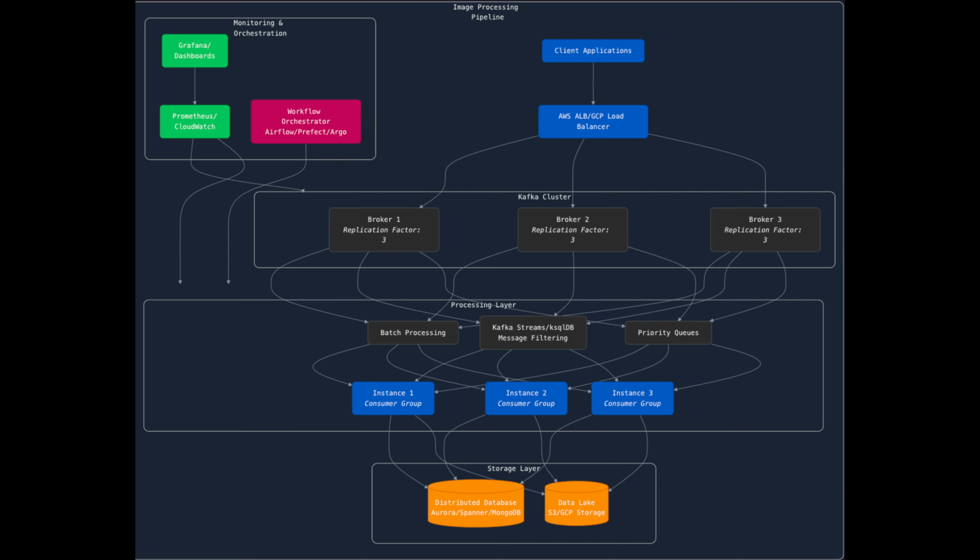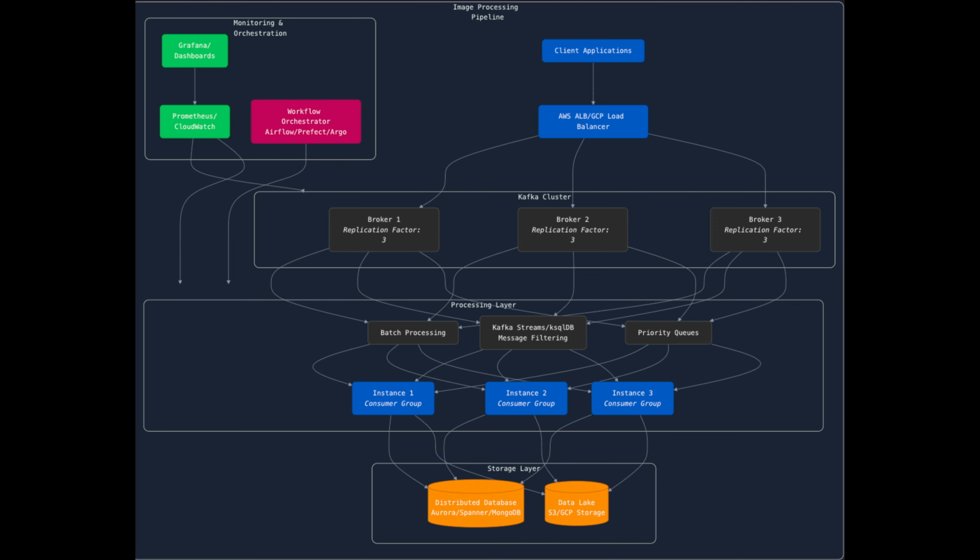We can migrate the processing service to a serverless platform like AWS Lambda or Google Cloud Functions to enable auto scaling based on message volume. And we can also deploy a load balancer in front of the application API, such as AWS ALB or GCP load balancer, to efficiently manage and route the incoming requests.